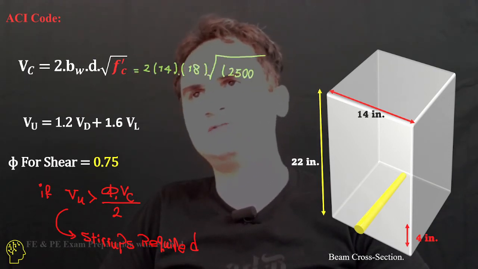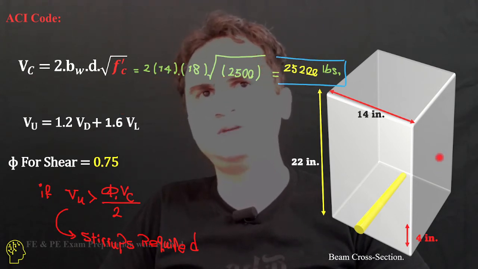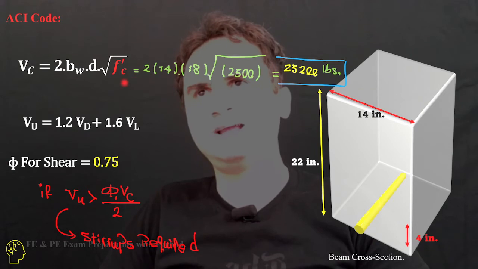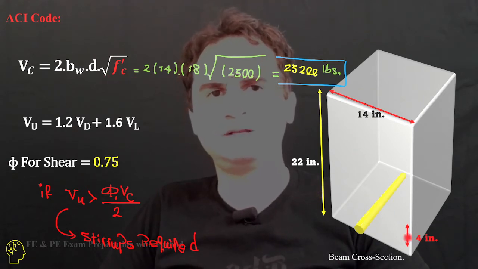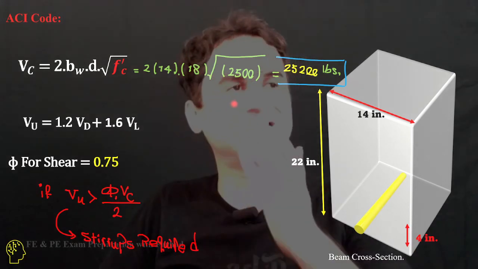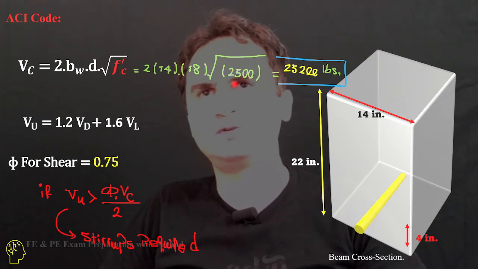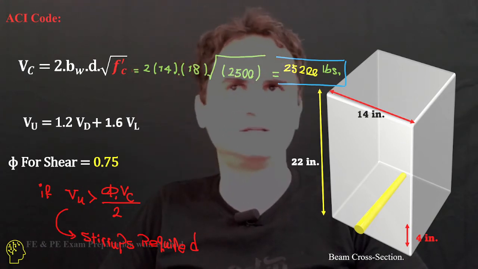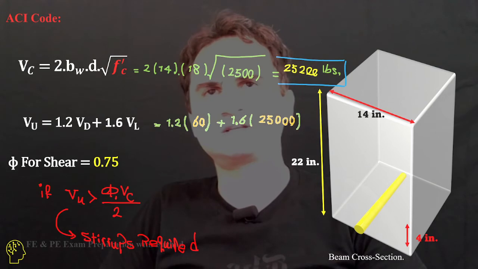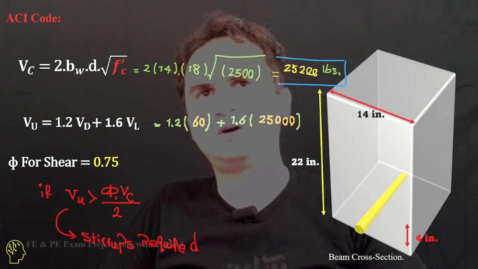So let's calculate the very first one. Vc here is 2 times b, which is 14, times d, which is the height minus 4, that is 22 minus 4, which is 18, the effective depth, times the square root of 2500, which is f'c. It gives us 25,200 pounds.